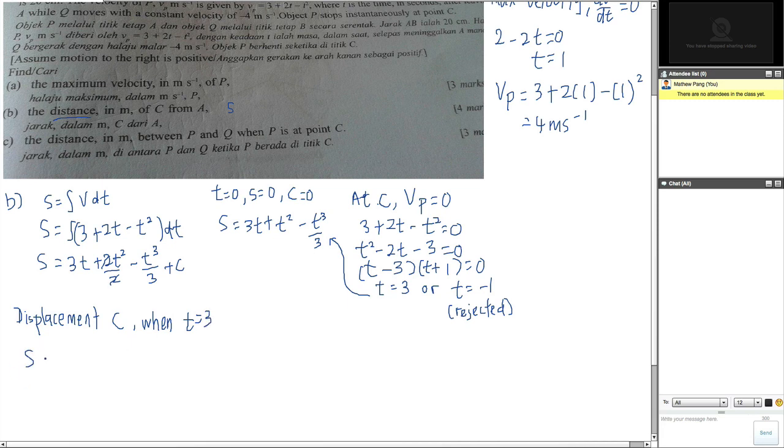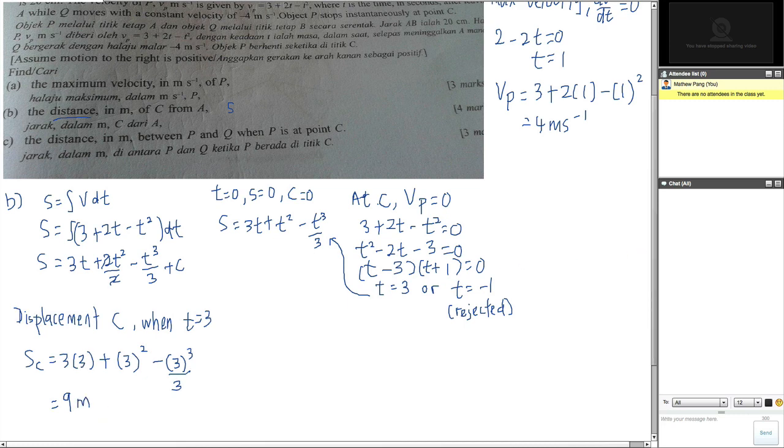S will equal, I can call it SC, meaning displacement of C, is 3 plus 3 square minus 3 cube over 3, which is 9 plus 9 is 18. 18, this is 27 divided by 3 is just 9. So 18 minus 9 is just 9. So this will be 9 meter.